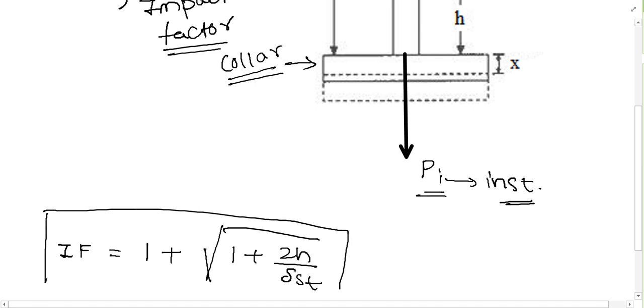Here h is nothing but the height from which the load is falling down, and delta static means the deformation of the element if this load P would have been acting gradually.